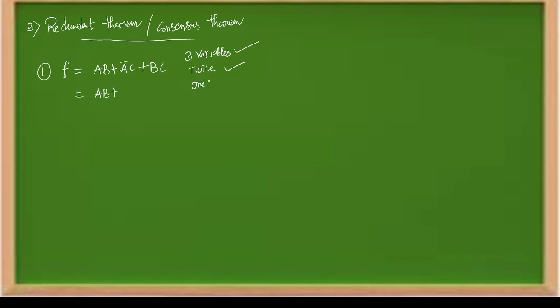in one term, one variable must be in either complemented or uncomplemented form. What is the meaning of that?